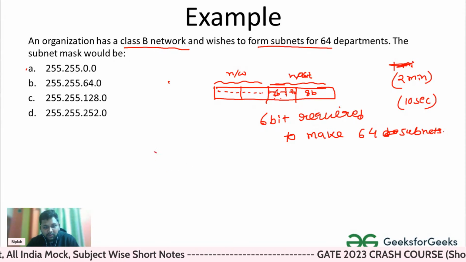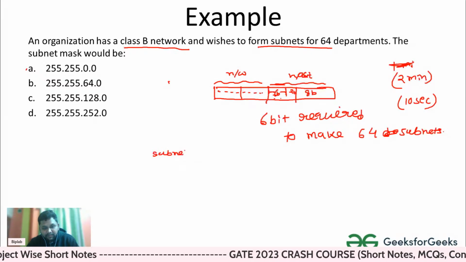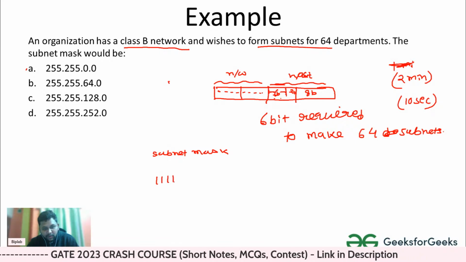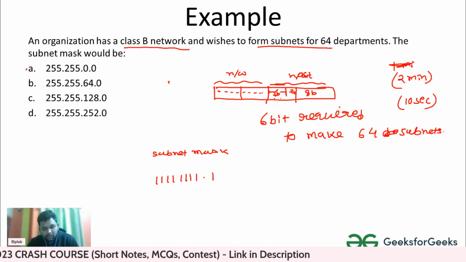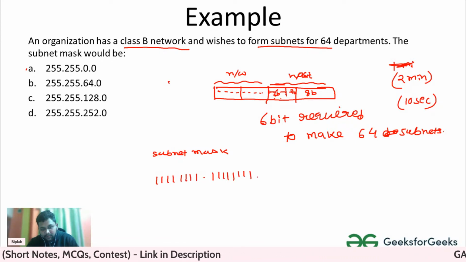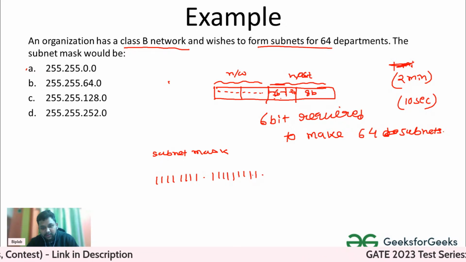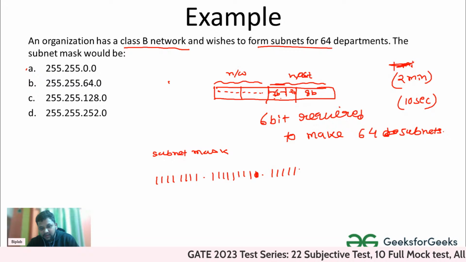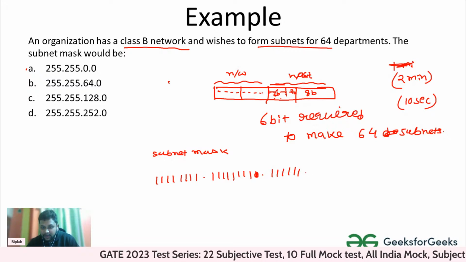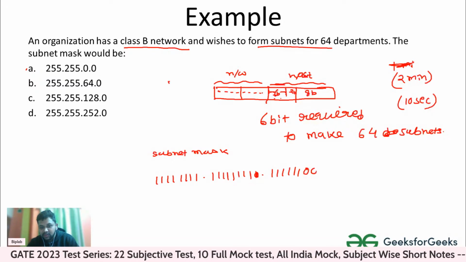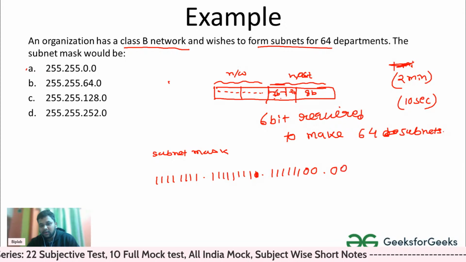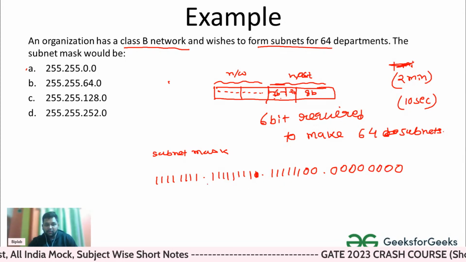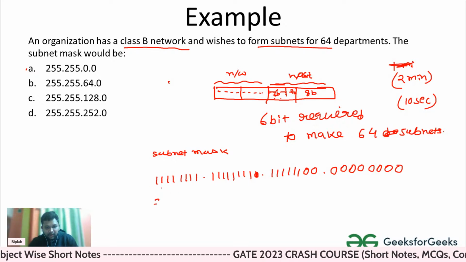So your subnet mask will be all ones in the first 2 octets, 6 ones in the third octet with 2 zeros, and the last octet will obviously be 0. Now what is this subnet mask? To convert it is easy.